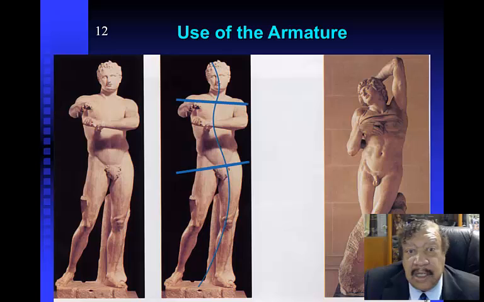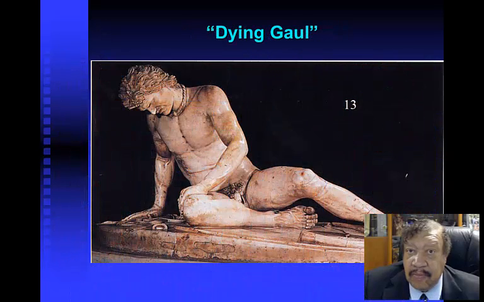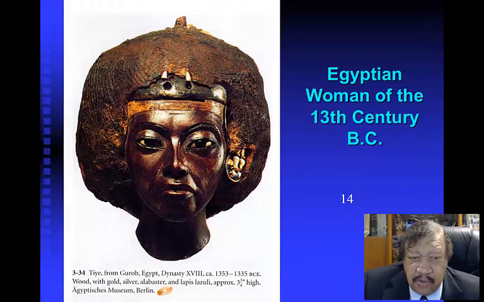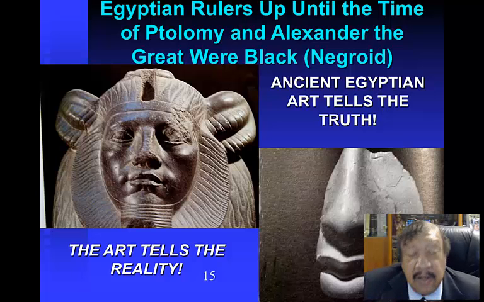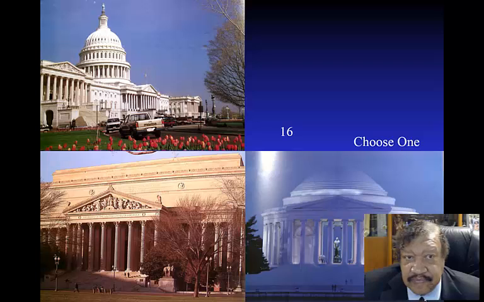Piece done in Greek classical times. How was it created? Number 13. You can see the marble there. Here's Queen Ty. Here are masks. Number 15. 16.